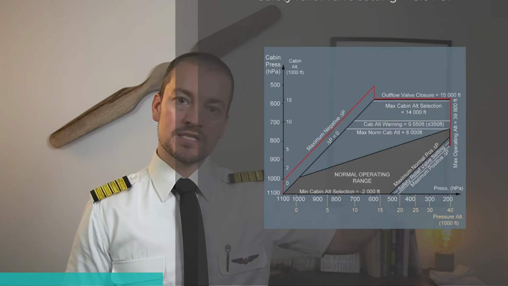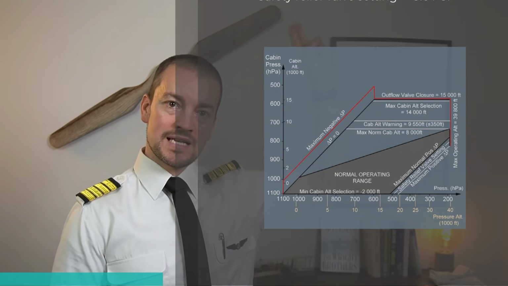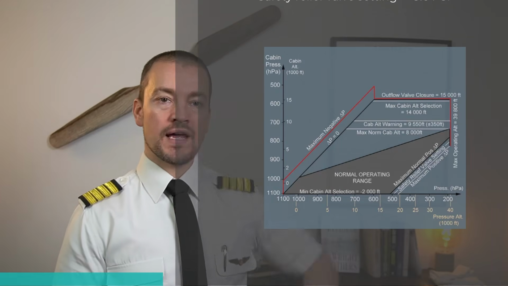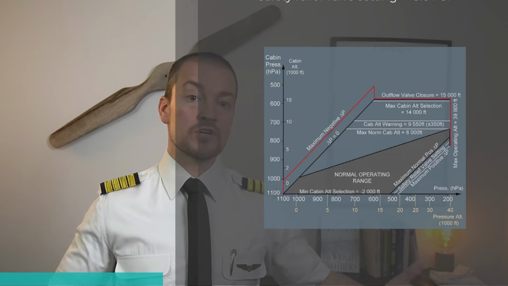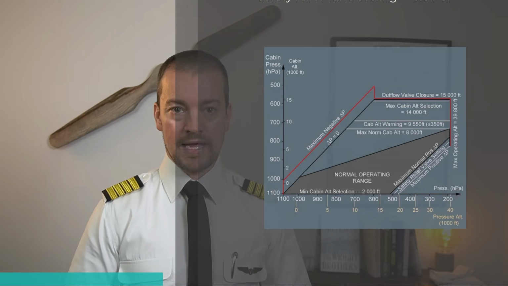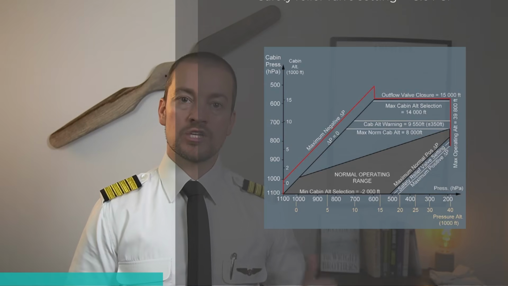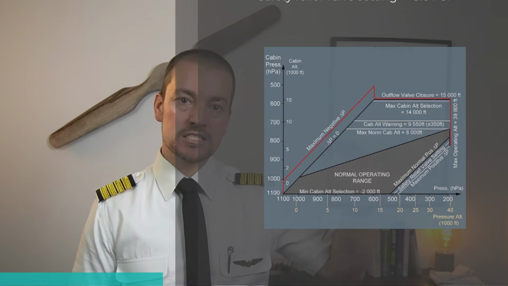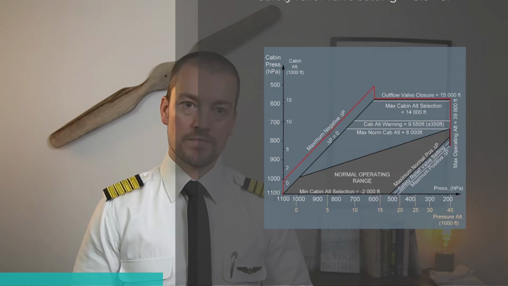Maximum cabin altitude selection is 14,000 feet. This is the maximum selection we can select on the overhead panel manually for pressurization, and this covers all airports on the planet. But what we have to pay very close attention to here is the maximum normal cabin altitude is 8,000 feet.